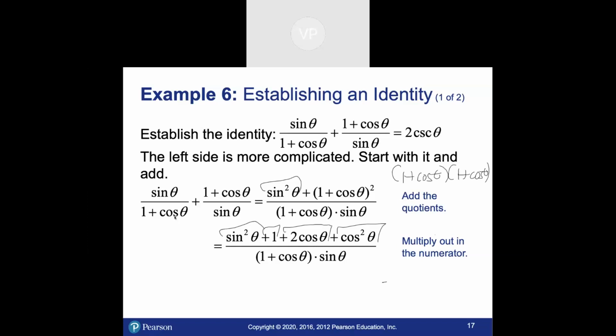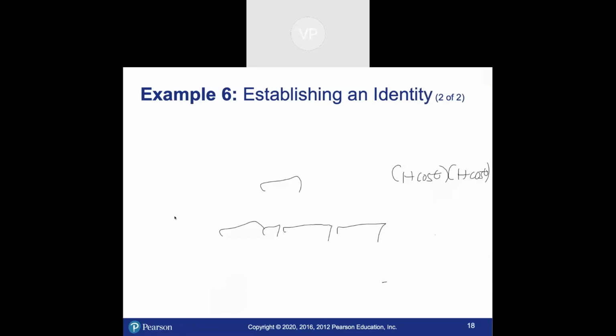That's how we got that stuff on the top. Then I combine things, and there are 4 terms up there: a sine square, a cosine square, a 1, and a 2 cosine. They put the sine square and cosine square together, and hopefully you know that's because sine square plus cosine square is going to equal 1.